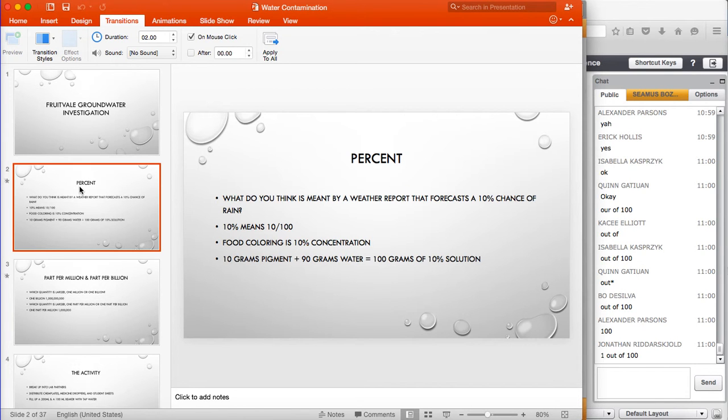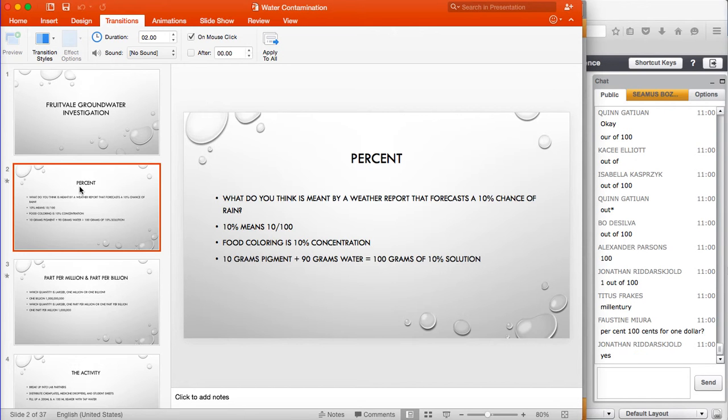And I say his because we're talking about Roman times, and I think only men were soldiers back then. Or a centipede has about 100 legs. I have no idea how many legs a centipede has, but it definitely has less than a millipede. A century is 100 years. 1 cent is 1 out of 100. So anyway, percent is out of 100.